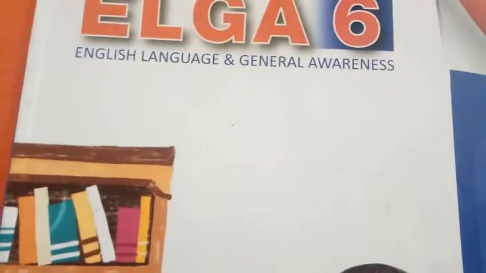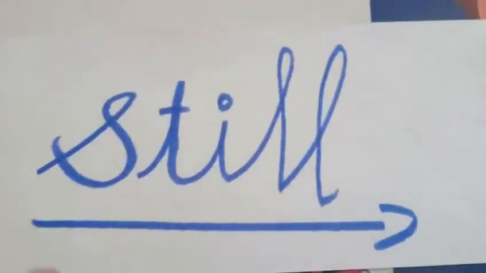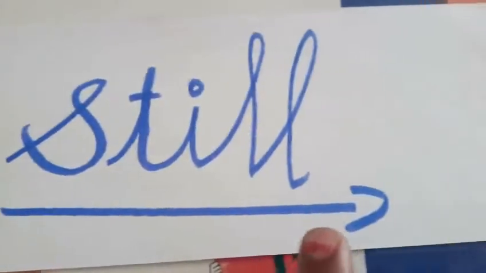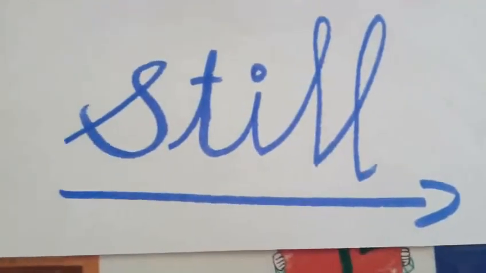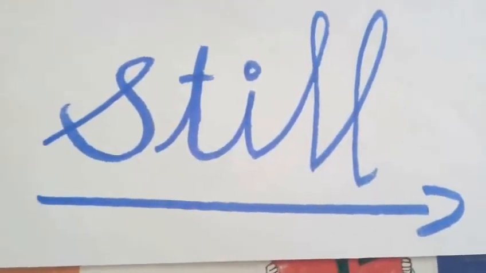Today we will move to the whole word section. Today I will introduce you to new whole words. Okay? Still, face, match and field. We will be learning some new whole words. Okay? Still, still, still. You repeat after me. Still, still.